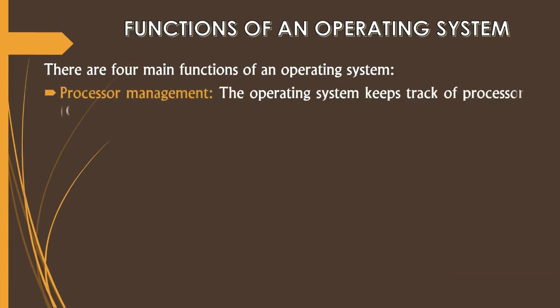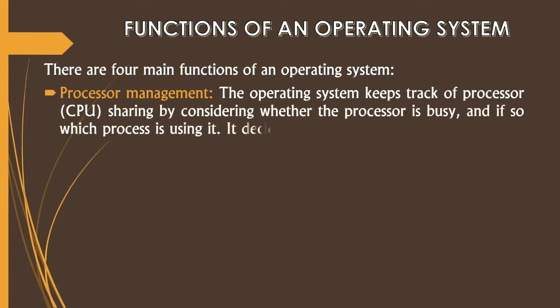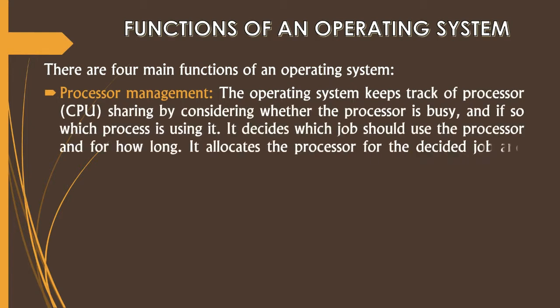First, processor management. The operating system keeps track of processor or CPU sharing by considering whether the processor is busy or not. The processor is the CPU, the main brain of the computer. It checks whether the processor is busy, and if it is busy, which process is using it.